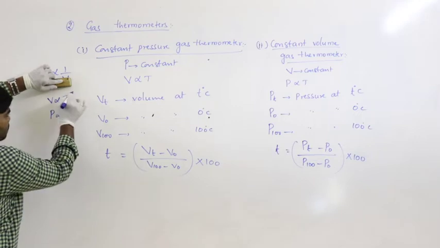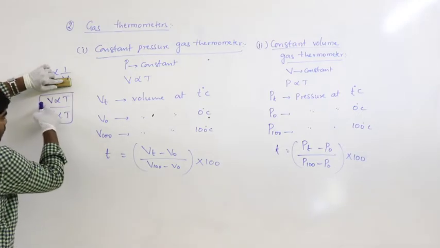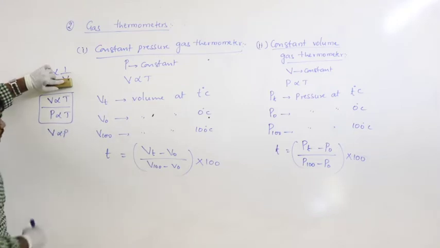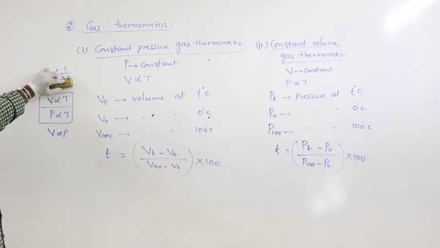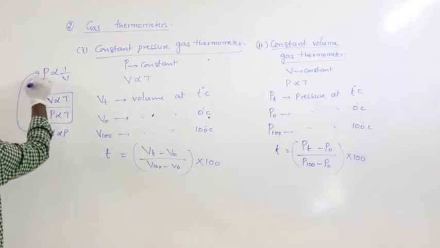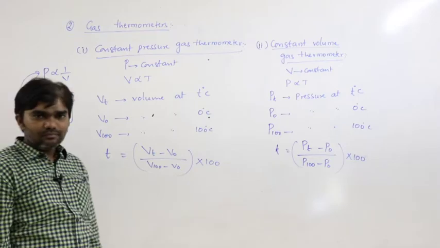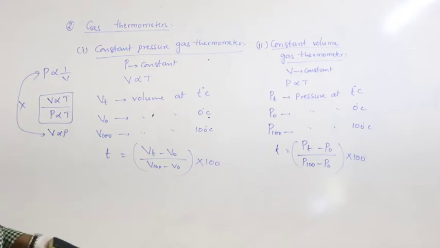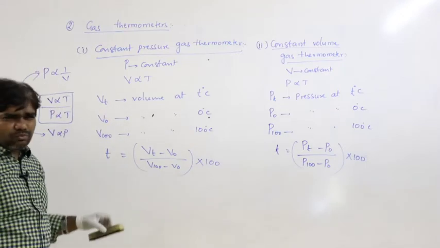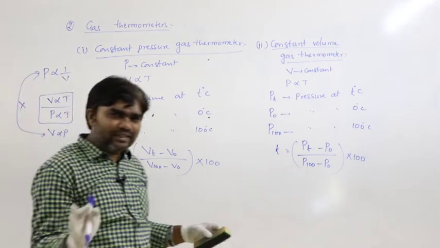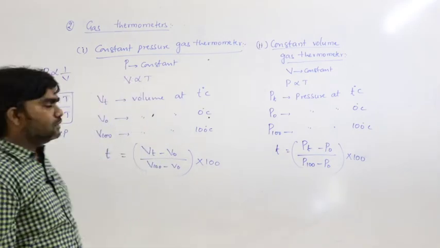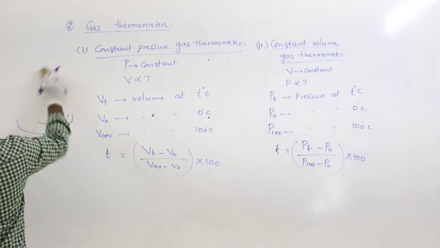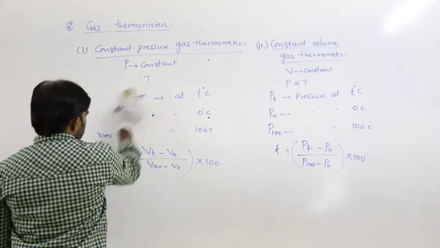So by using these two, we can write volume directly proportional to pressure. But if we compare, that is a contradiction, because Boyle's law says pressure is inversely proportional to volume. That's why variables of pressure, volume and temperature at a time is not possible, so we calculate individually, with constant pressure and constant volume gas thermometers.